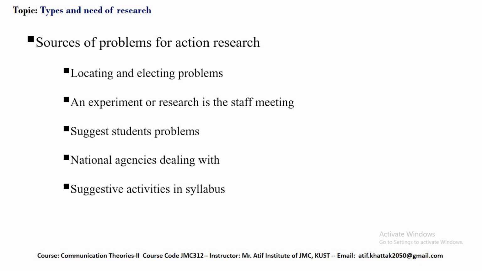Sometimes the Ministry of Education or some national agencies dealing with education throw up some new problems for experimenting in the institutions. For example, a department may conduct an experiment to see whether the suggested activities in the new syllabus are effective to achieve the desired outcomes.